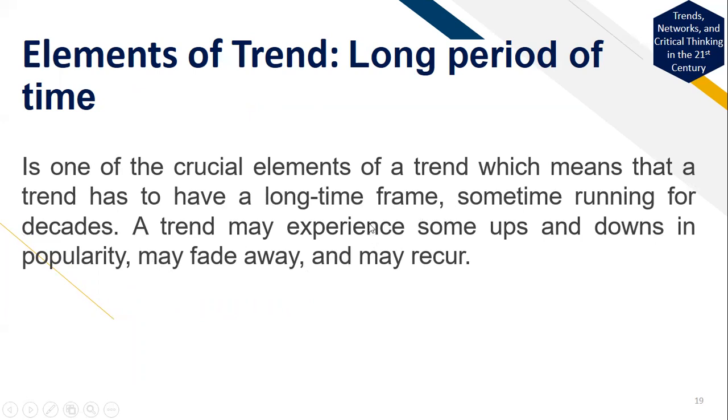Okay, so ibig sabihin, no, kagaya nga na sinasabi ko pa kanina, okay, ang isang trend ay pwedeng uso ngayong araw na to, pero hindi ibig sabihin na uso pa rin siya bukas. Okay? Pero pwede yung isang trend is uso ngayon at uso pa rin siya bukas, pero hindi na siya uso sa susunod na araw. Okay?